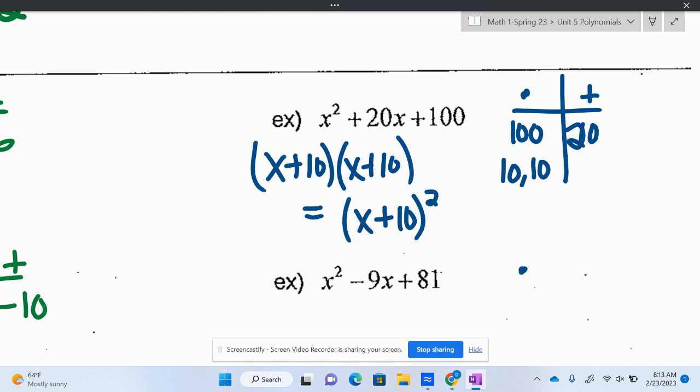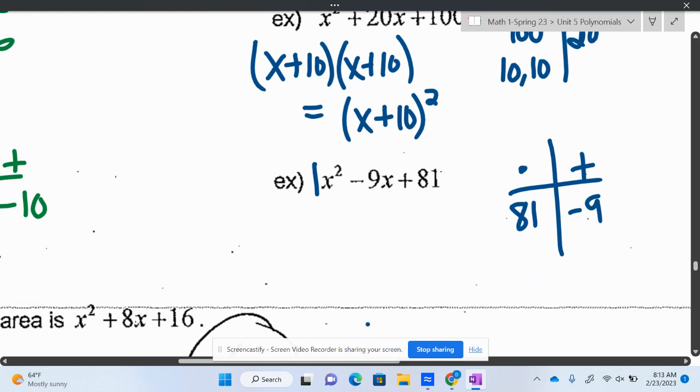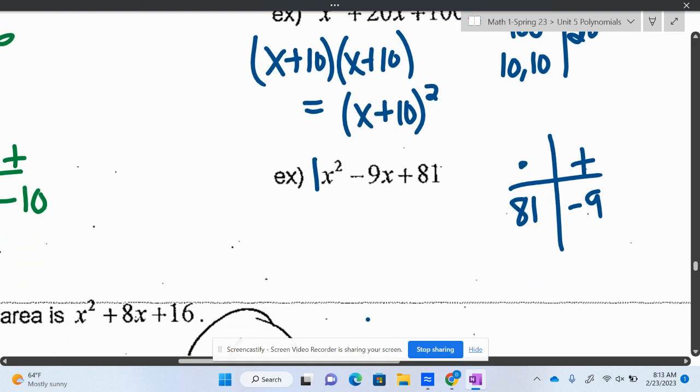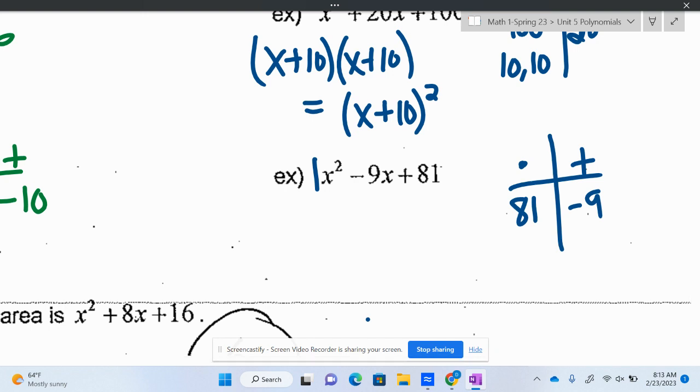Brian, you have the last one. So times plus, I'm looking for a positive 81 that adds up to negative 9. Let's think of factors of 81. Factors of 81: 1 and 81, 3 and 27.